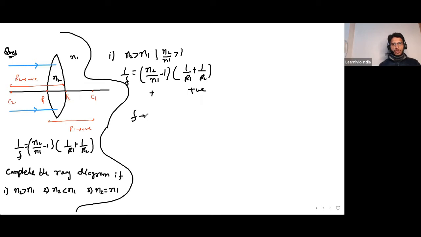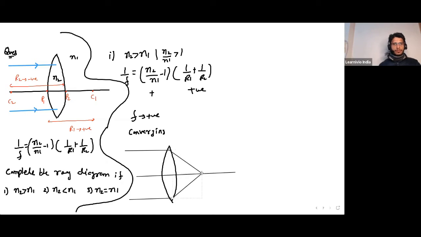If it is positive, that means your focal length is positive, and your lens is converging. So you take rays which are parallel to the principal axis. If n2 is greater than n1, your lens is converging.